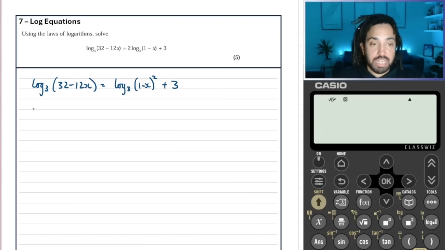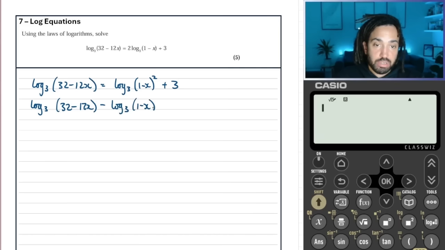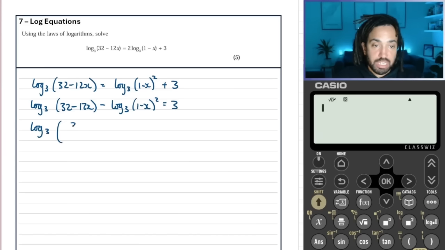Okay, great. Now we're going to move our logs to the same side, because then we can use another log law to simplify them. So we're going to minus like so. And when you minus 2 logs, it's the same as dividing their inputs. So we're going to have log of 32 minus 12x over 1 minus x to the power of 2, close brackets, is equal to 3.